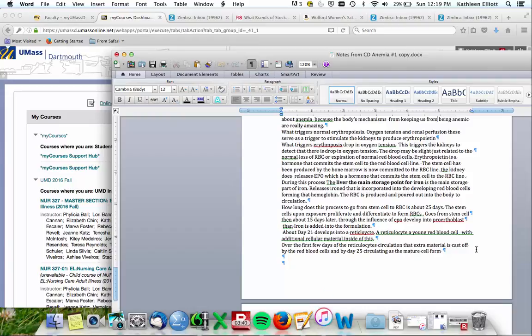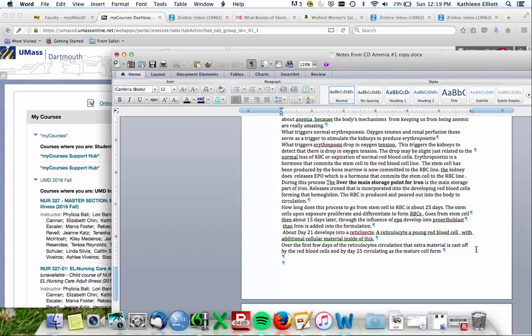So what triggers erythropoiesis? Again, it's a drop in oxygen tension, which the kidneys detect. This drop may be slight or just related to the normal loss of RBCs, the normal red blood cells expiring.